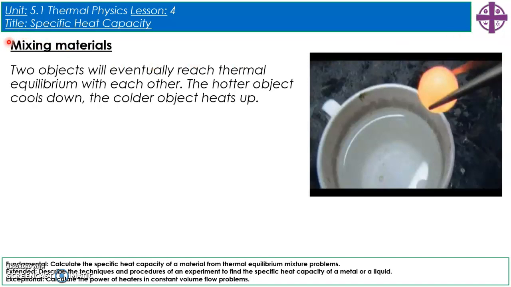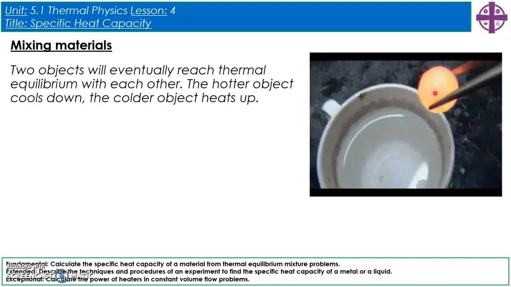So this is where we get into the A-level side of specific heat capacity a bit more. And here I'm looking at mixing materials together. So what I've got here is a picture of just a bit of water and then a scalding hot, incredibly high temperature copper ball.